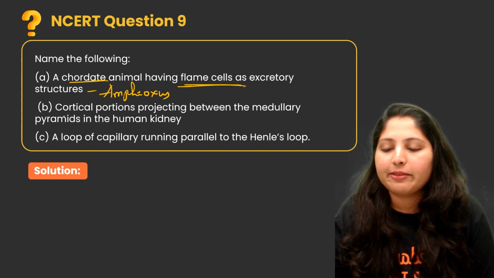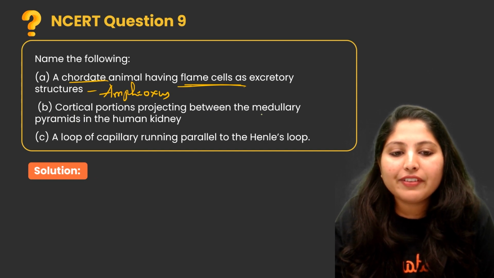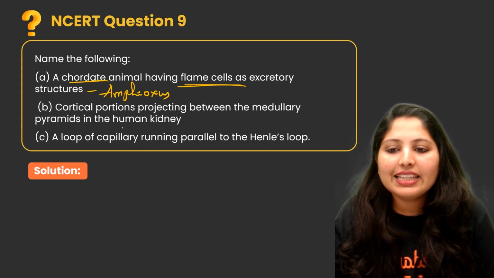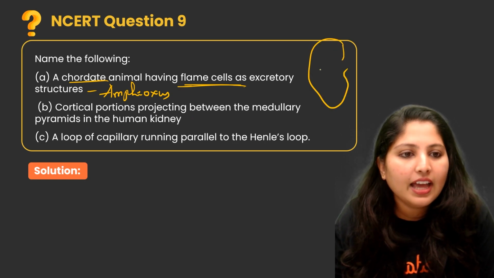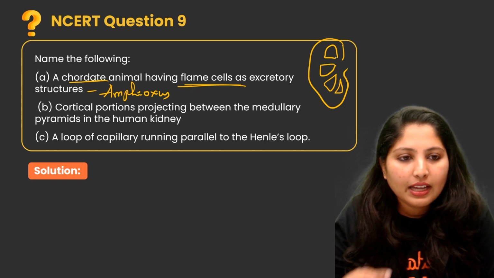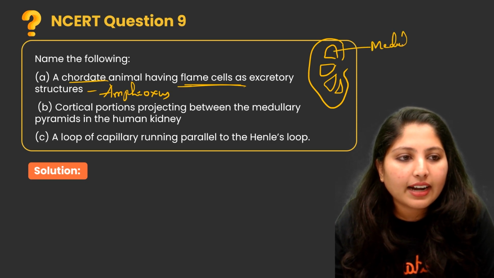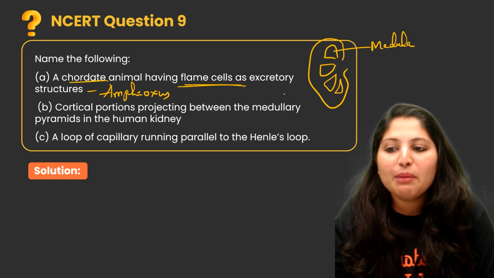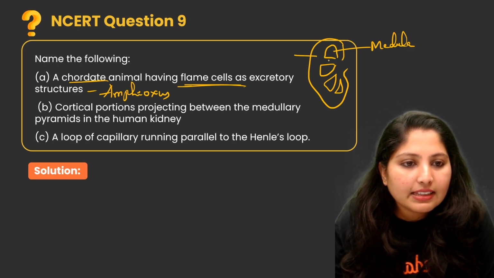Next one: the cortical portion projecting between the medullary pyramids in the human kidney. Think of this as a human kidney. It contains many pyramid-like structures present in the medulla region, but the cortical region, this area is also cortex.